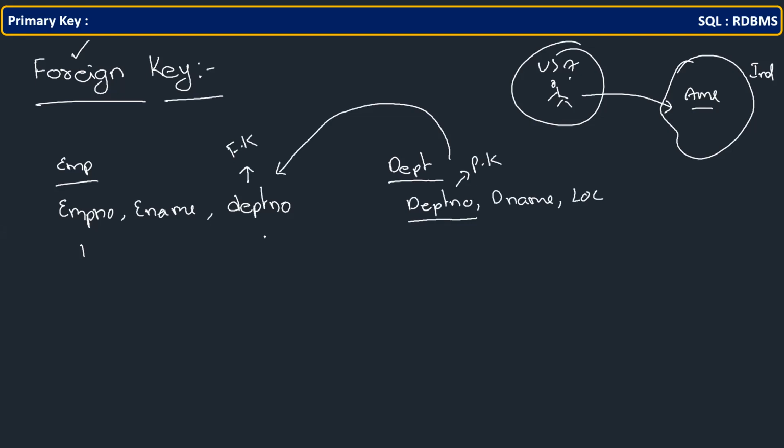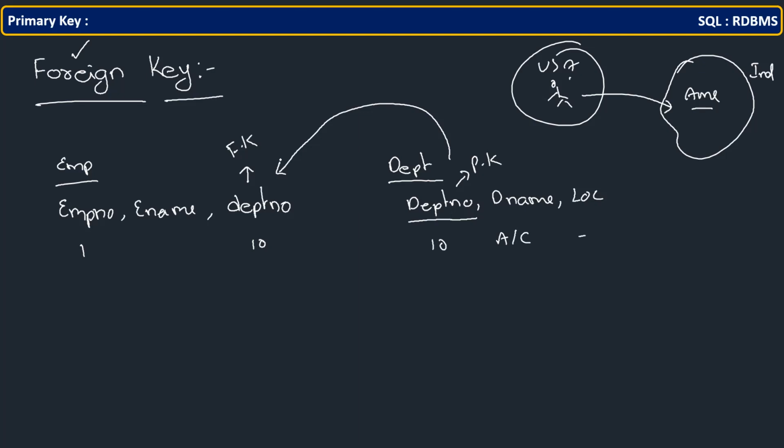Suppose you have a 10, what does this 10 mean? To know about the 10th department, go to this table actually. So here you have 10, accounting, some location. That is the person. If you want to know more about this person, go to his origin place, the original source place.